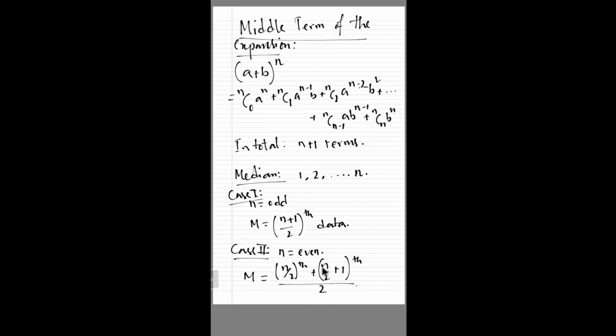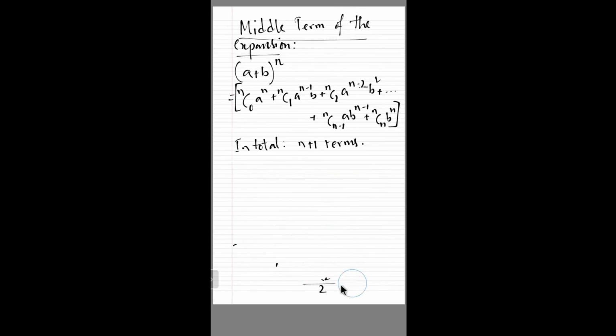Now we are going to use the same idea here also. We are having n plus 1 terms in the expansion, and we are trying to find the middle term. So obviously, for the middle term, we are going to use two cases: the number of terms is odd or the number of terms is even. Case 1: n plus 1 is odd.